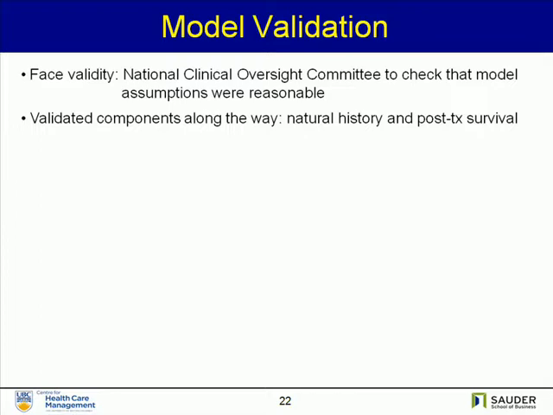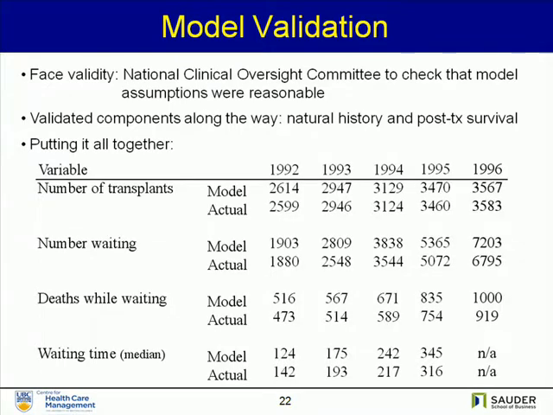Some of these components, the natural history model and the post-transplant survival model, we validate along the way. With a large model like this, you don't just wait until the end to validate it. You do it in steps, and you validate big components along the way. Finally, we want to compare actual UNOS outcomes with outcomes from our model.